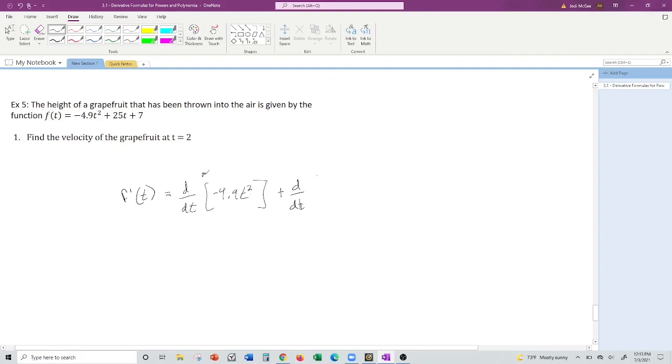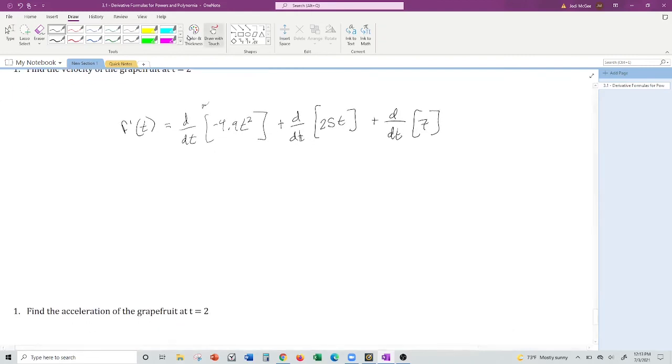I'm going ahead and breaking up the differences and additions here.